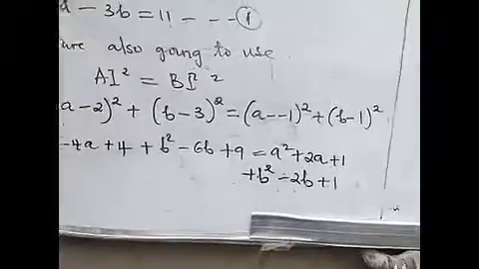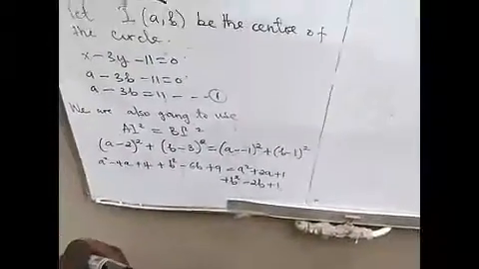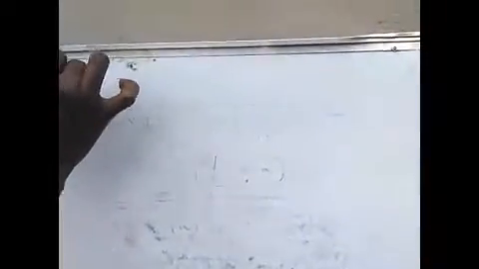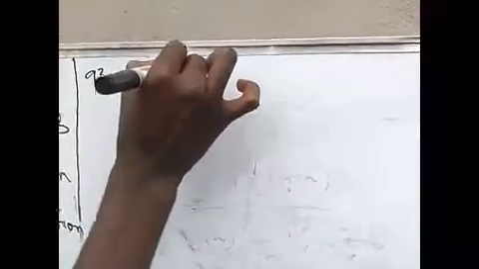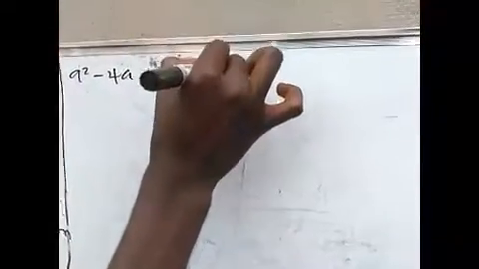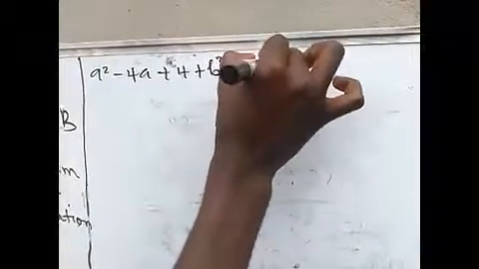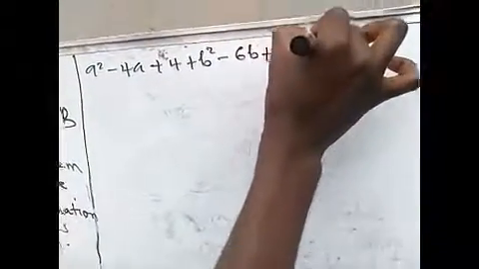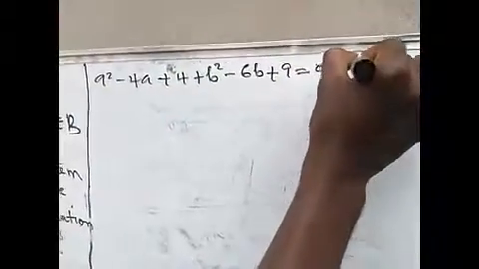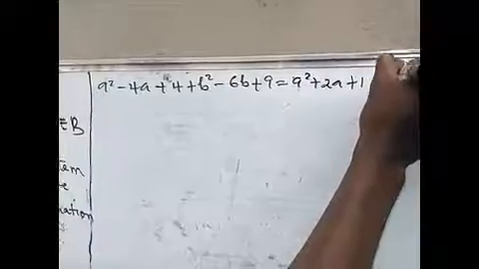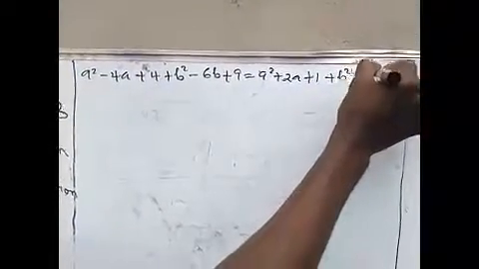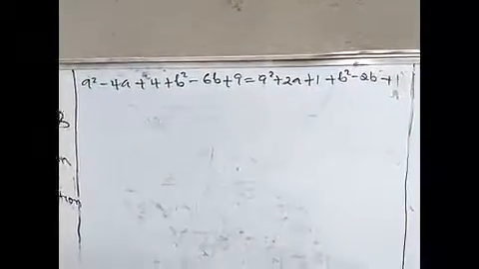So we are going to simplify this algebraic expression by collecting our like terms. We have a squared minus 4a plus 4 plus b squared minus 6b plus 9 equals a squared plus 2a plus 1 plus b squared minus 2b plus 1.